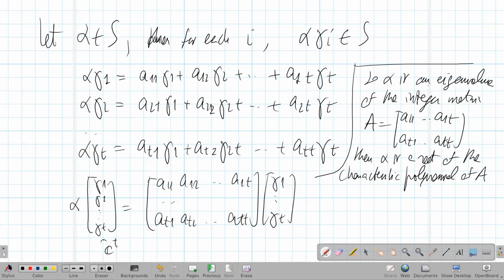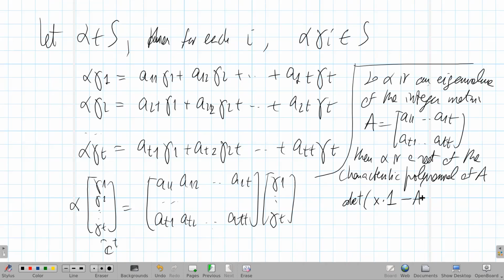And to have it appear in the right form, I will write the characteristic polynomial as the determinant of x times the identity minus A. Sometimes it's written the other way around, but then it's not monic. And this is, of course, a monic polynomial because we start with x to the t, plus something, which is a monic polynomial with integer coefficients.